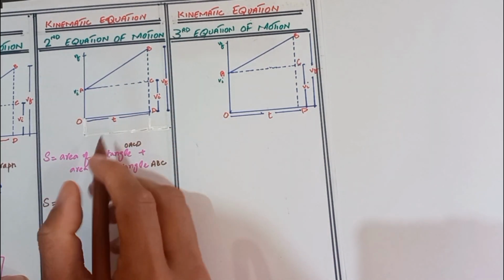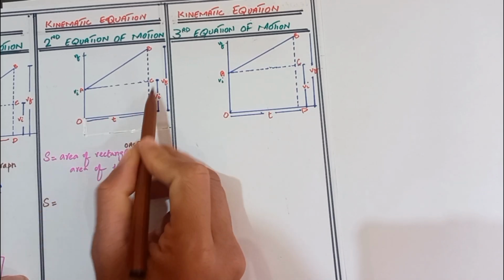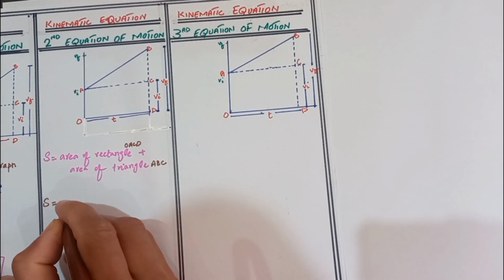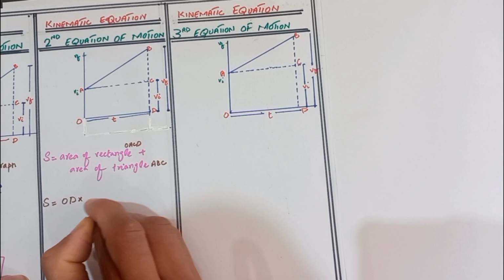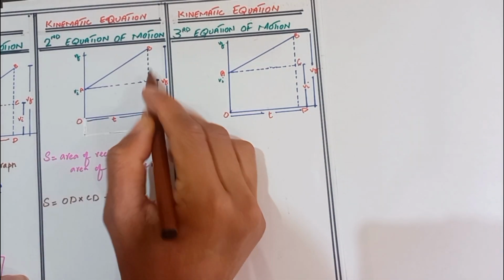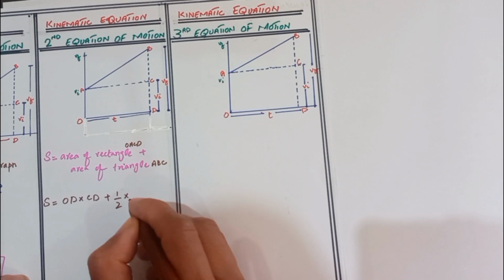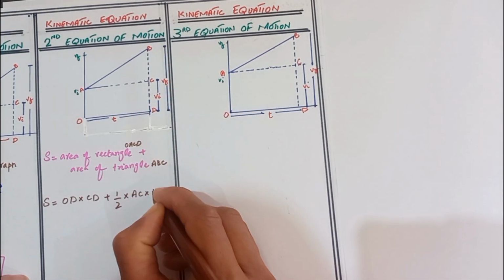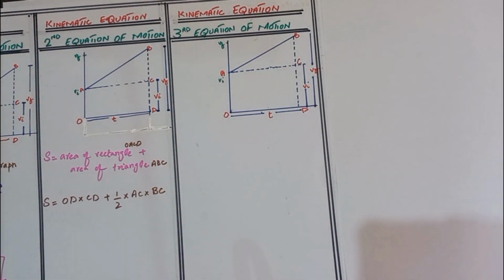So here we can write the rectangle area as base multiplied by height. Here the base is OD and the height is CD, plus the area of the triangle, which is given by the formula half multiplied by base into height. The base is AC and the height is BC.